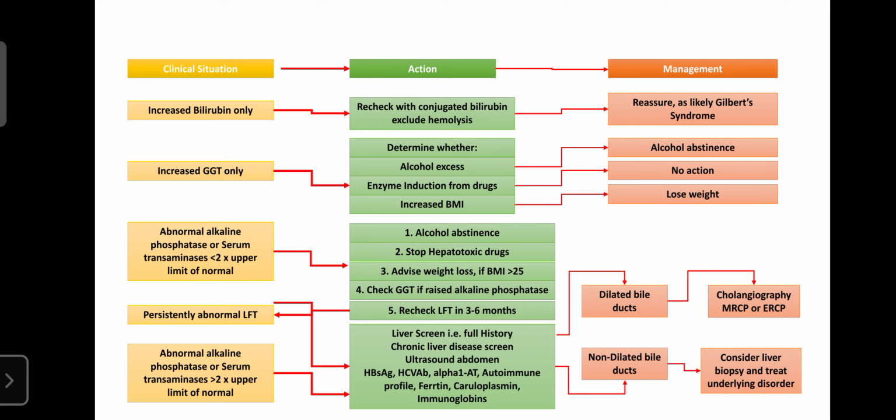Definitely don't withdraw the drug, because if the drug is withdrawn, whatever disease is there will progress. But you can manage the liver by giving healthy nutrition, and it can also reverse when the therapy is stopped. If increased BMI is there, then you can plan to lose weight.